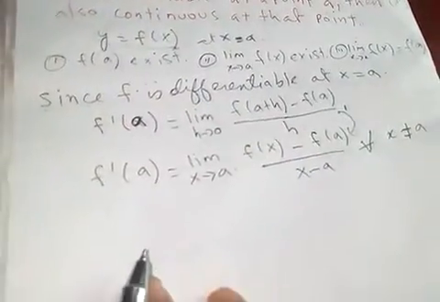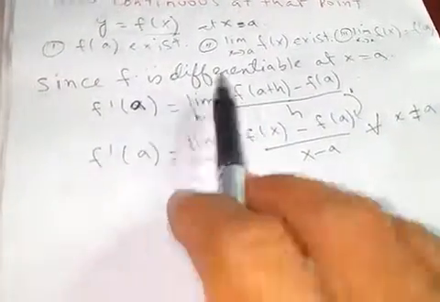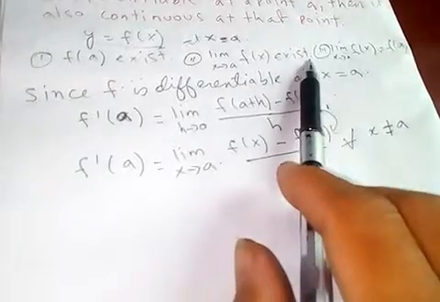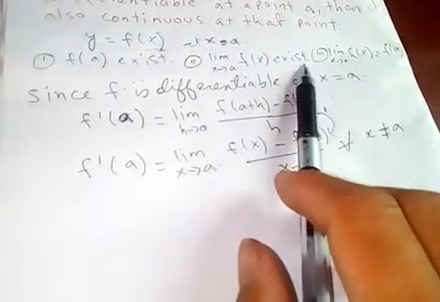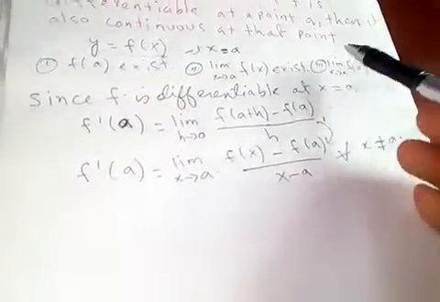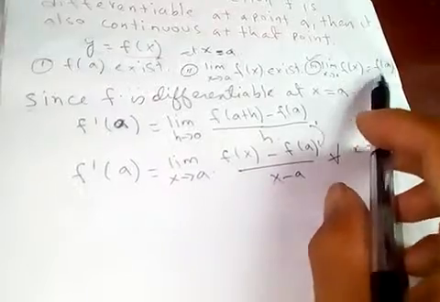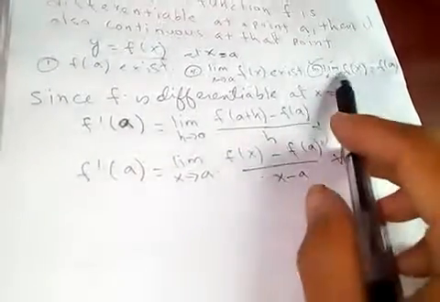A function is said to be continuous if it satisfies these three conditions, and out of these we are going to show number three: limit x tends to a of f of x is equal to f of a.